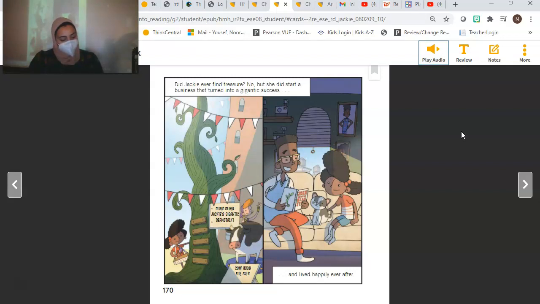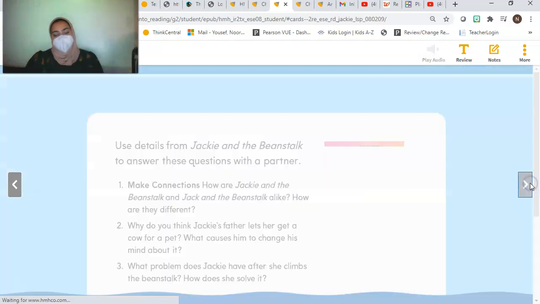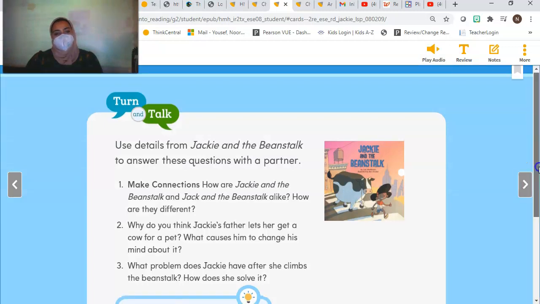Because they're all taking care of the cow and selling tickets for people to hug it. Jackie is getting money from selling the beanstalk climbing tickets. The lady, the cow, Jackie, her dad, and their cat all look very happy. Very good.